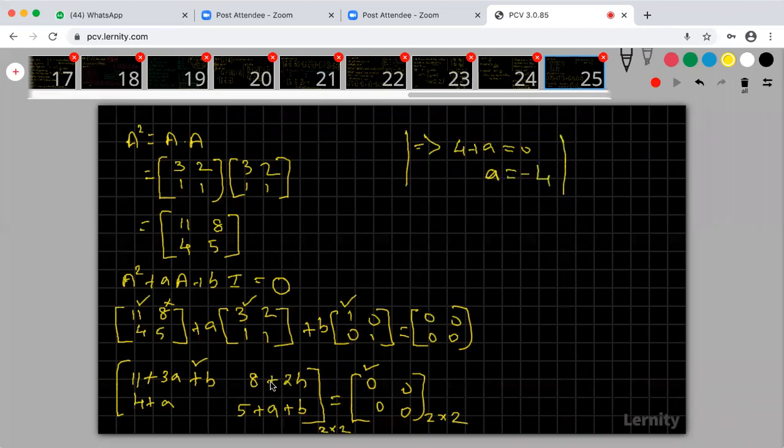Come to this term: 8 plus 2b is equal to 0, so my b is equal to minus 4. So b is minus 4, a is also minus 4.